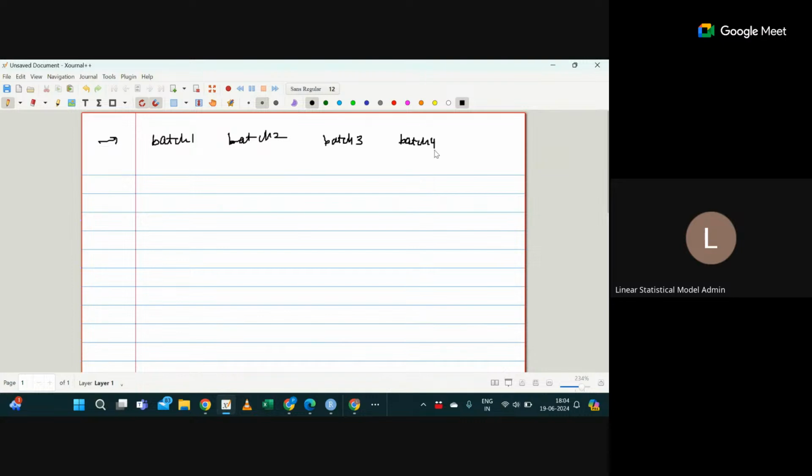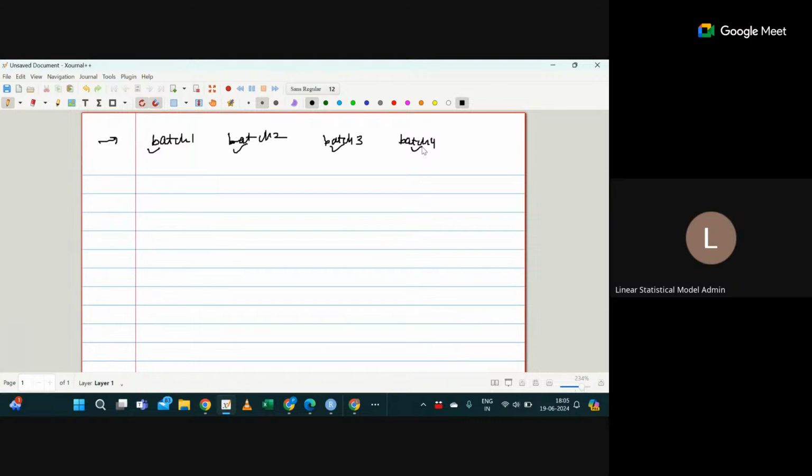Whatever observations you had, you divided into four kinds of batches with some similarity. Let's say in terms of watt, like 7 watt, 8 watt, or some size of the bulb or company of the bulb. So you have divided into k different classes, so you get four different batches.